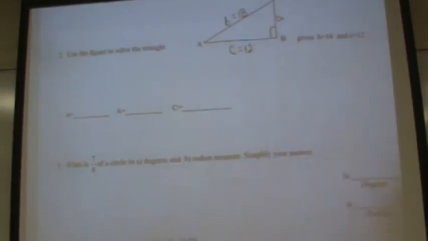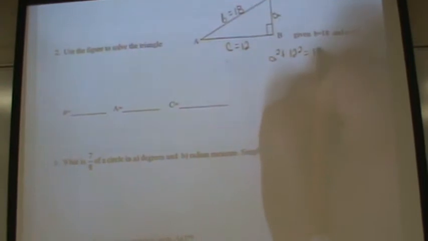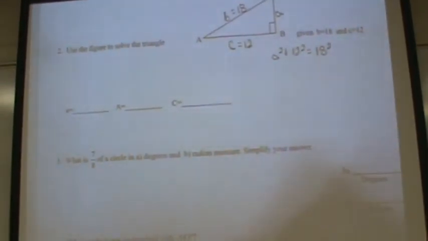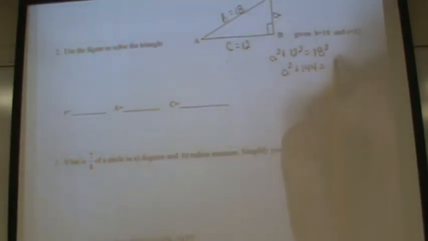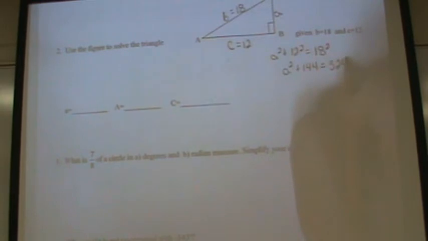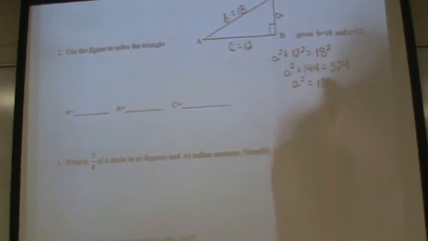So finding side A is probably the easiest part. That's just using the Pythagorean theorem. So you're going to have A squared plus 12 squared equals 18 squared. So you get A squared plus 144 equals 324. So you get A squared equals 180.